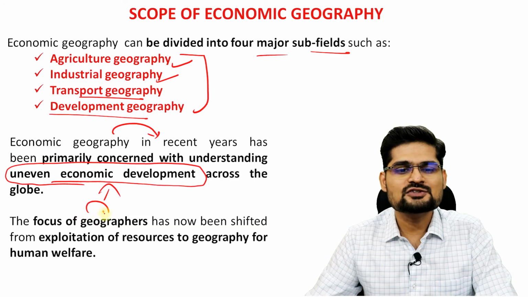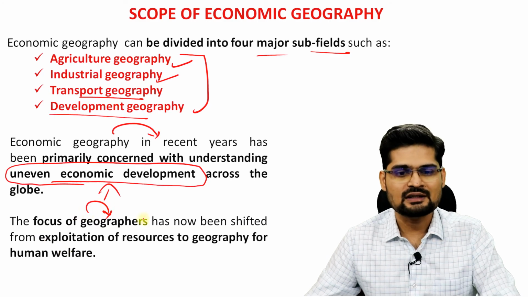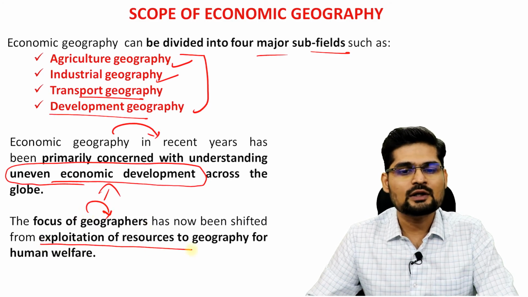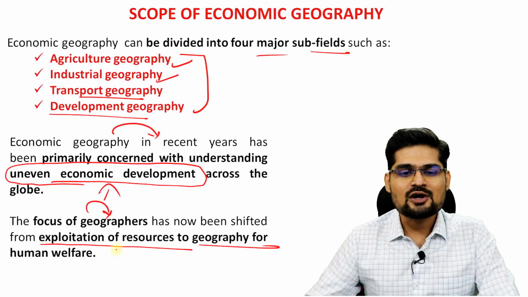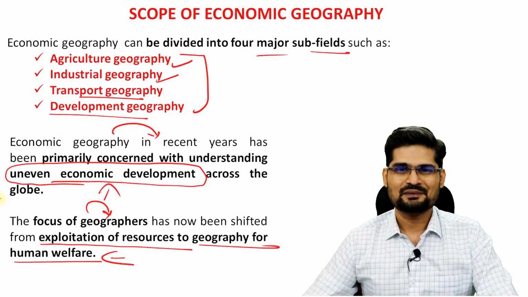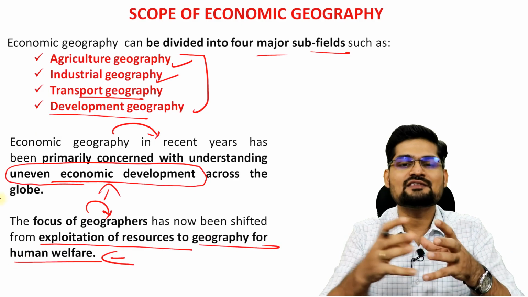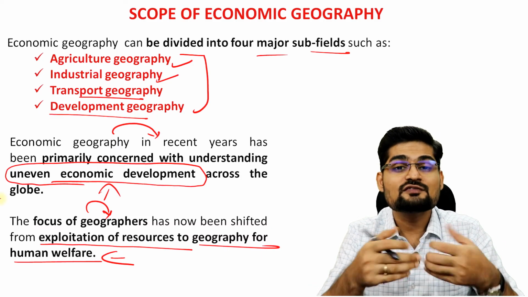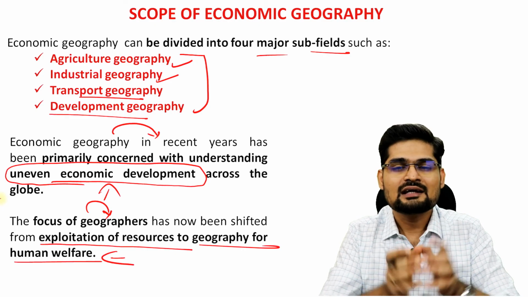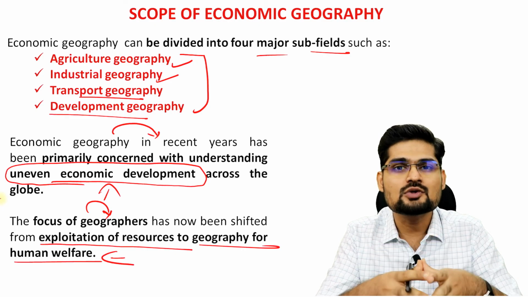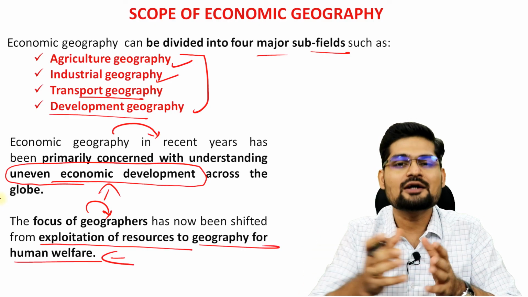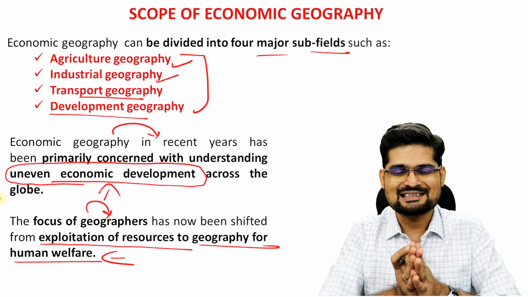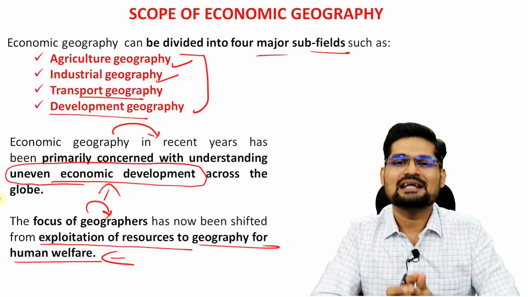So the focus of geographers has now shifted from exploitation of resources to geography for human welfare. Right? This is the shift, or we can say paradigm shift, in economic geography. That is where the future lies, in welfare, in reducing the gaps between rich and poor, right? In sustainable economies, smart economies, right? That is the scope of economic geography.